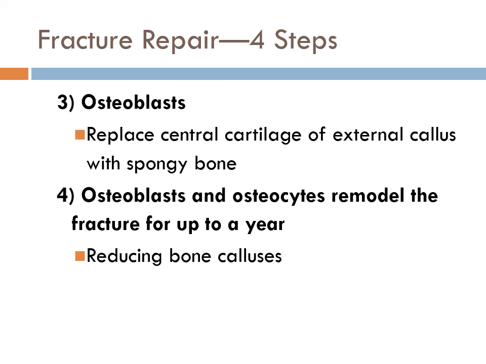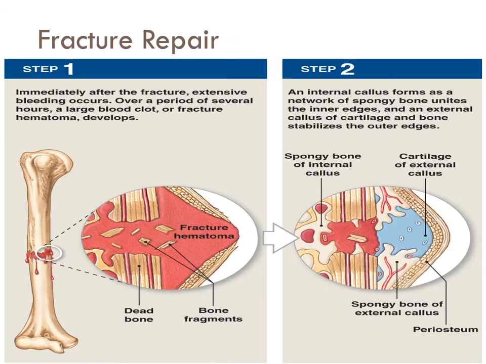So let's look at some pictures. So step one, here we have a break in the bone and you can see that it's bleeding. So we have this fracture hematoma that forms, which is a big blood clot that forms around the bone. In step two, we've got cartilage beginning to be formed, and then some bony tissue is going to start to be formed within that callus.